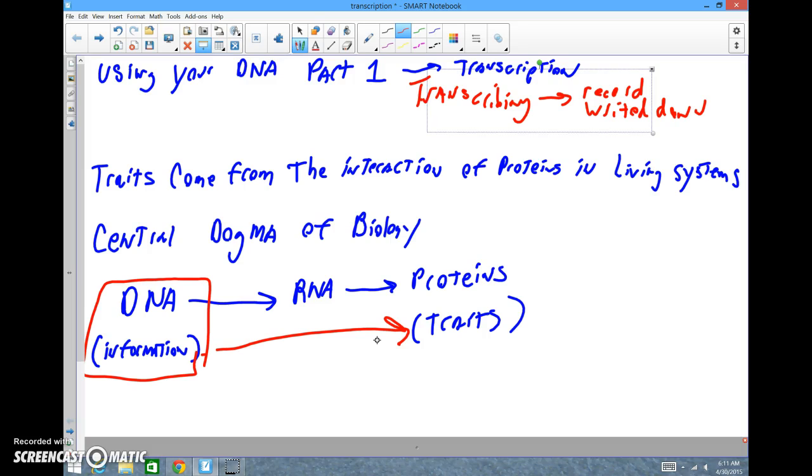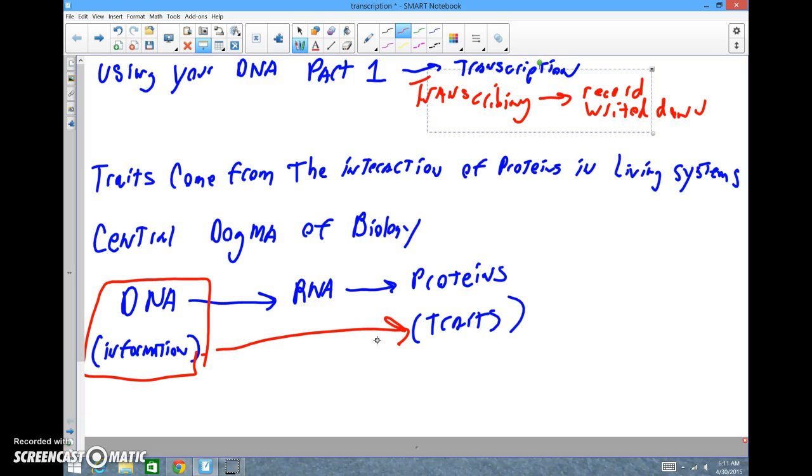And in all living systems, that DNA becomes sort of a version of itself in RNA, and then that RNA is used to create your proteins. And so DNA has the information for your traits. What that means is that DNA has the information for your proteins.